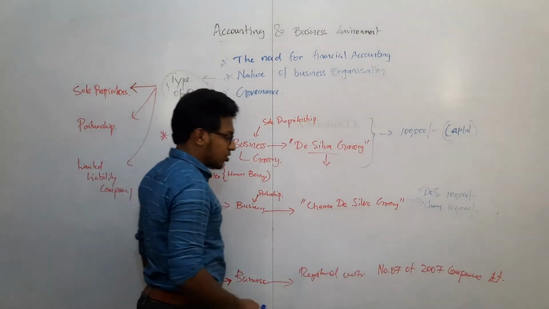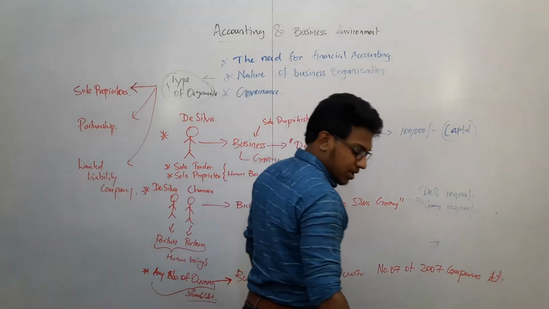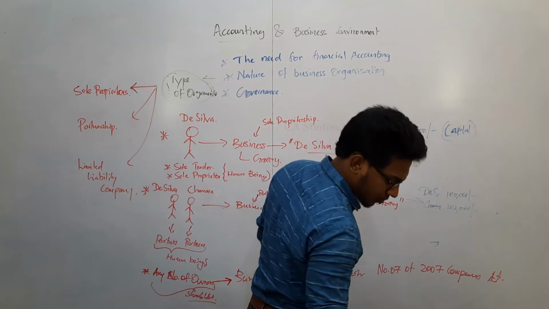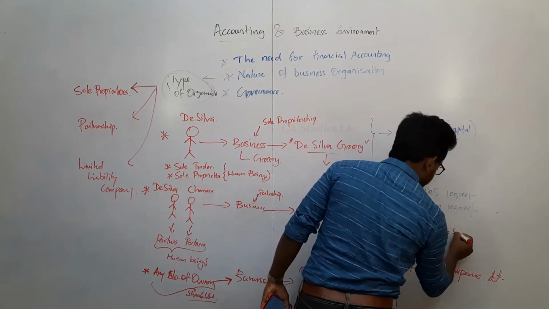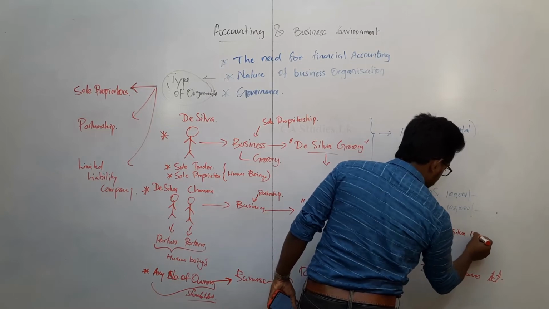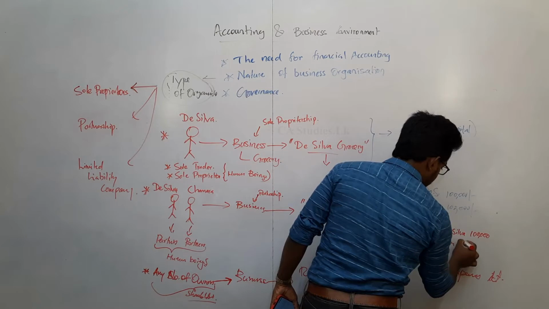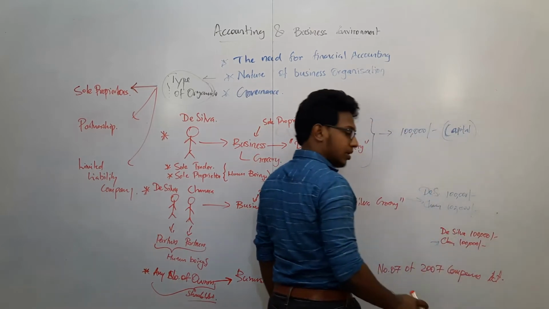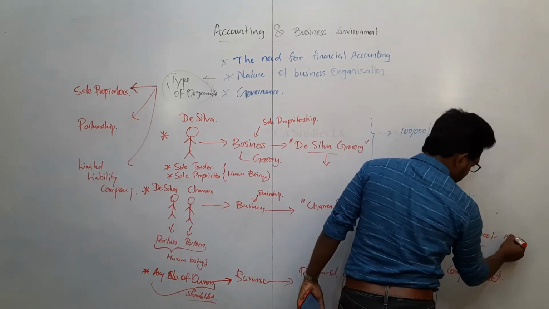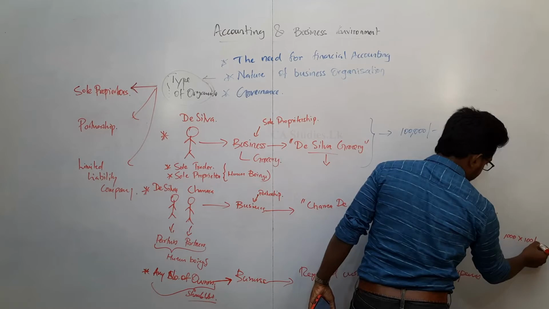In companies it is also the same thing, but companies issue shares. Say D. Silva is going to invest 100,000, and Chamara is also going to invest 100,000. Say this is 1,000 shares at 100 rupees.